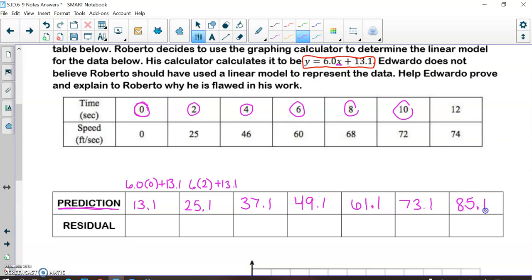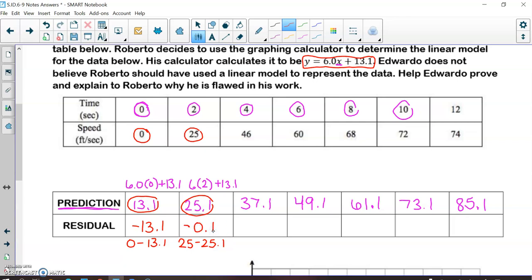Okay. Now, to find the residual, we take our actual y value from our data set and subtract the predicted y value. So 0 minus 13.1 is negative 13.1. That's my residual. My actual data point y value, which is 25, minus my predicted, which is 25.1, gives negative 0.1.